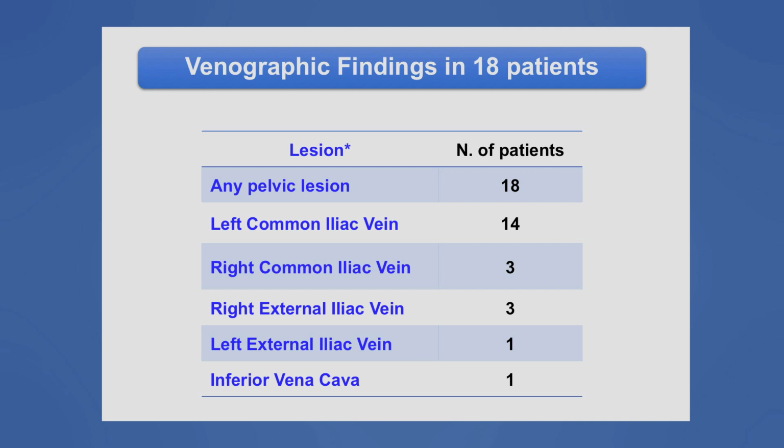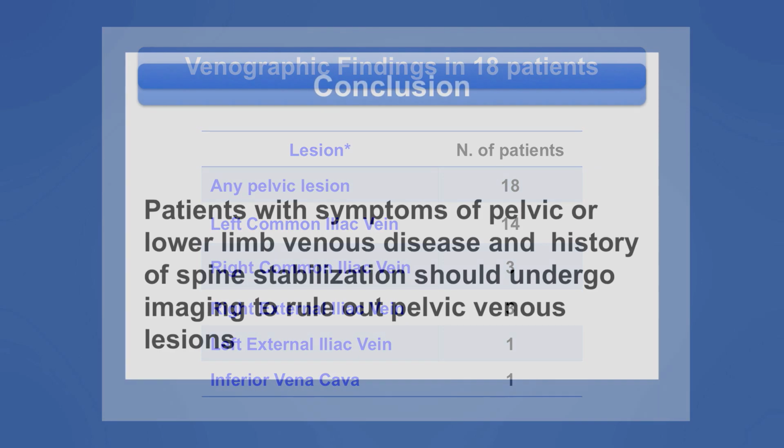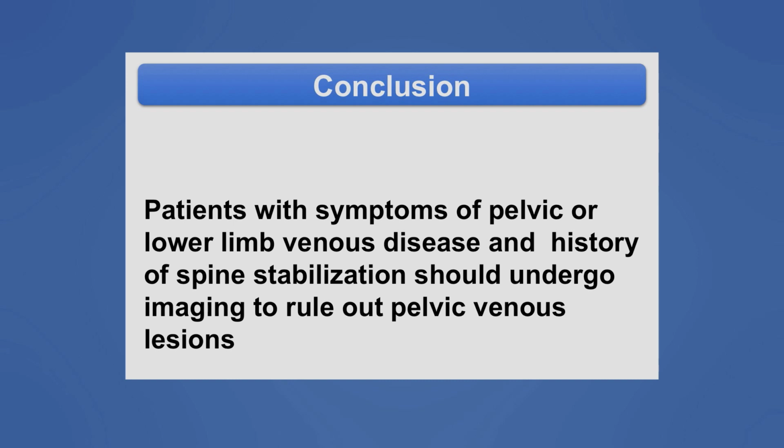The right external iliac vein was affected in 3, the left in 1 patient, and 1 had inferior vena cava obstruction. The authors concluded that patients with symptoms of pelvic or lower limb venous disease and a history of spine stabilization should undergo imaging to rule out pelvic venous lesions.